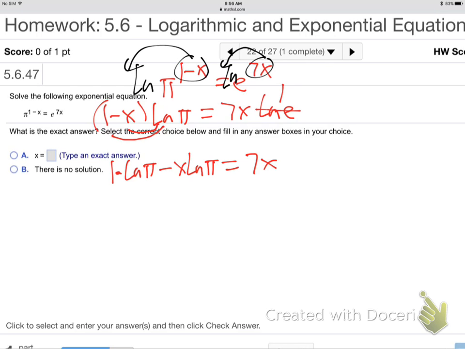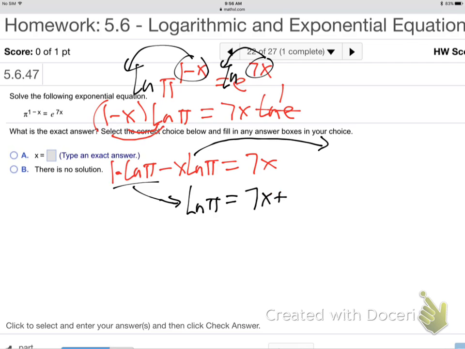Makes sense. Just ln both sides. Bring the powers down. Now you have x's in 2 locations, so get those x's on the same side. So grab this term and jump it to the other side. 1 times ln pi is just ln pi.